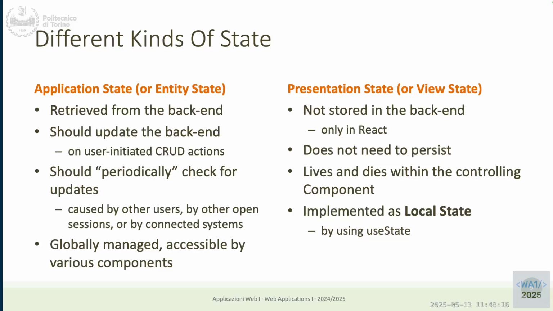That state of a component is a copy of some information from the server that was valid at the moment in which it was read. When we read something, we are reading a copy at a given point in time. If the truth, so the server, changes, the client is not updated automatically.